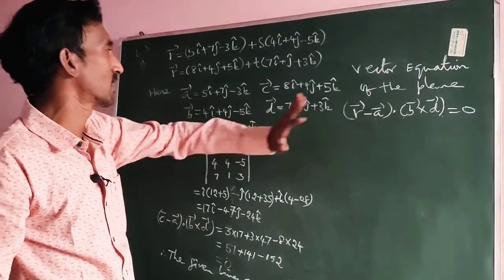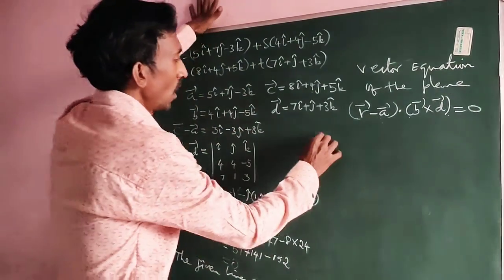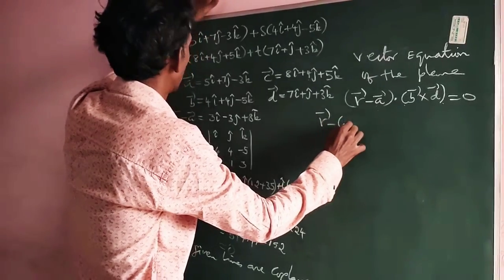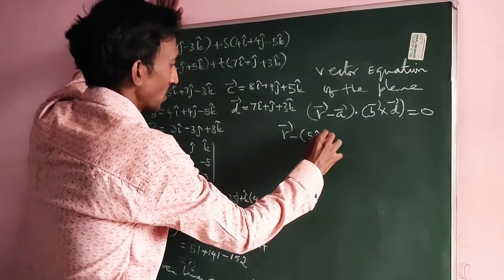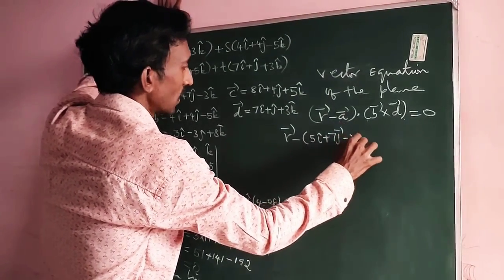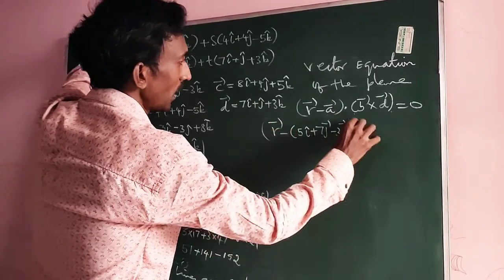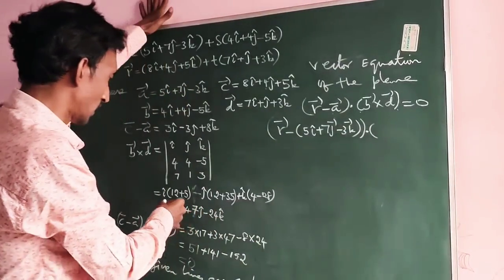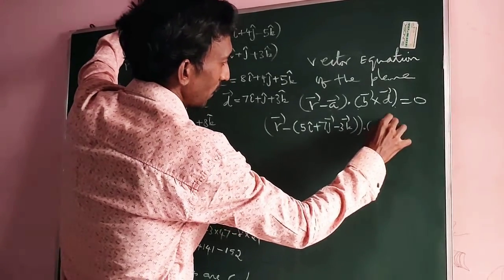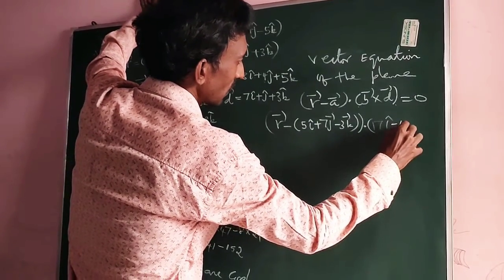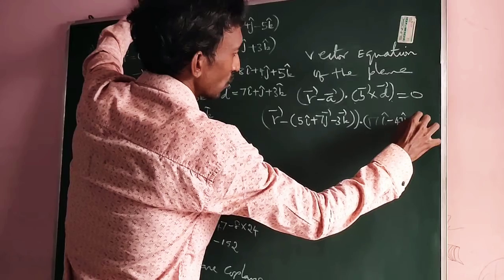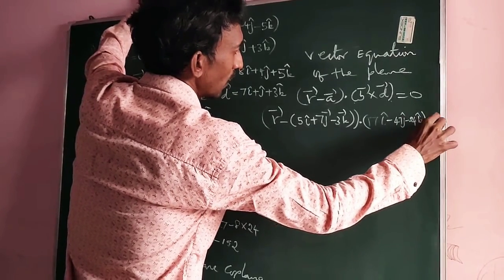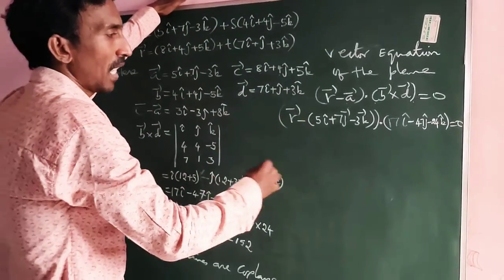Take any one. I am taking r minus a. So r minus (5i plus 7j minus 3k), dot, already we found b cross d, 17i minus 47j minus 24k, equal to 0.